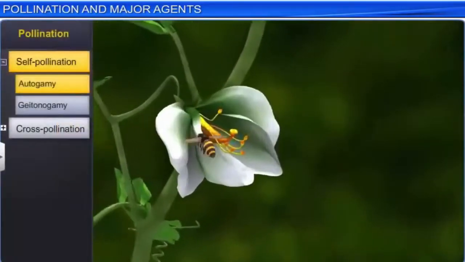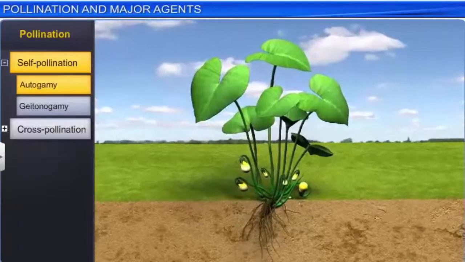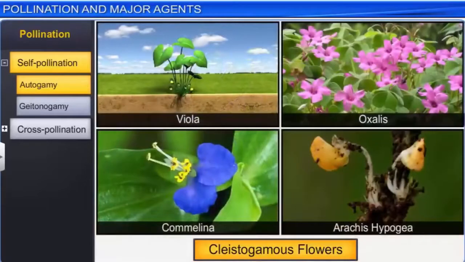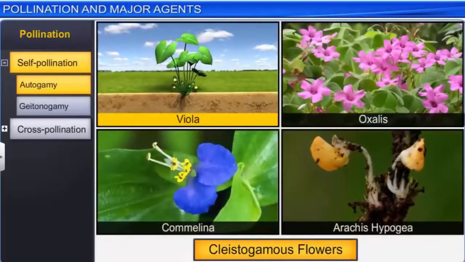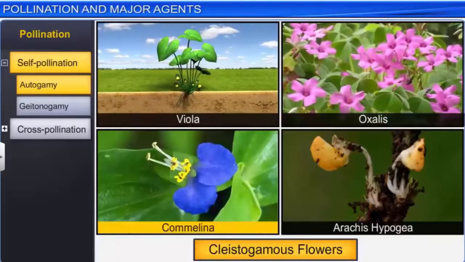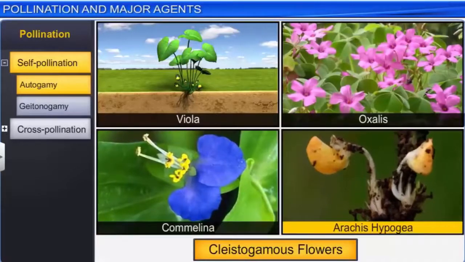In autogamy, pollen is transferred from the anther to the stigma of the same flower, and is seen in cleistogamous flowers, or flowers which do not open at all, produced by plants such as viola, oxalis, camelina, and Arachis hypogea or peanut.